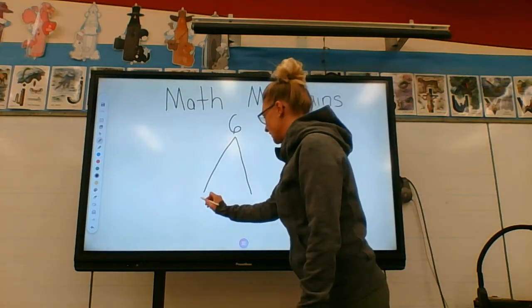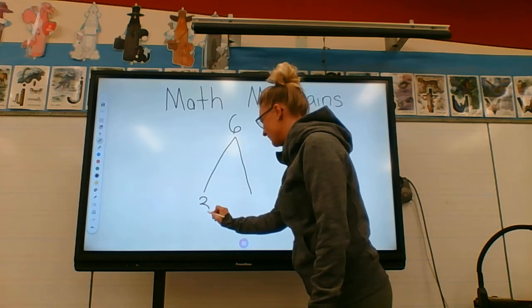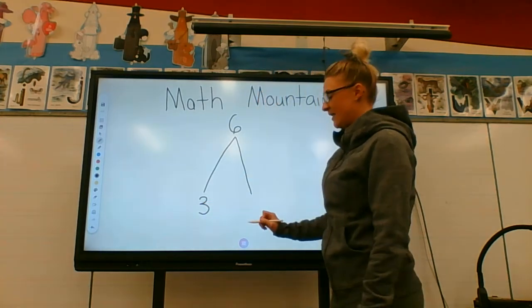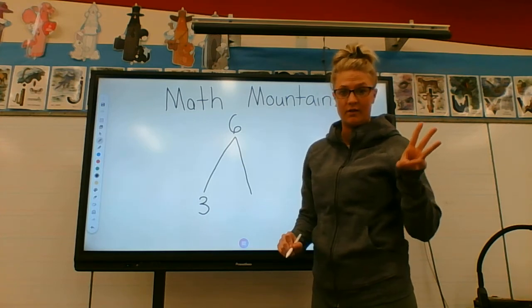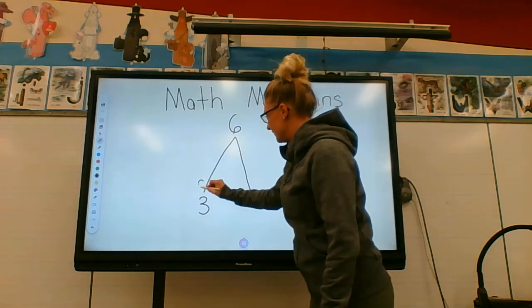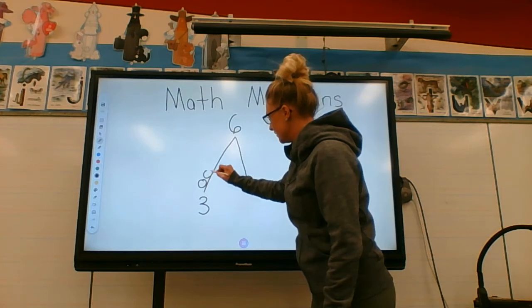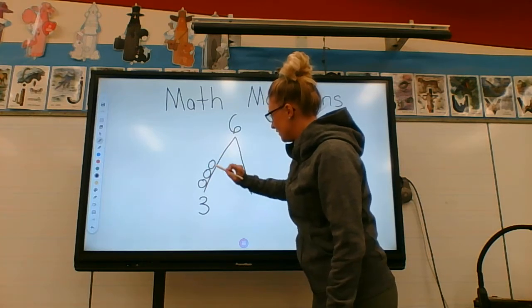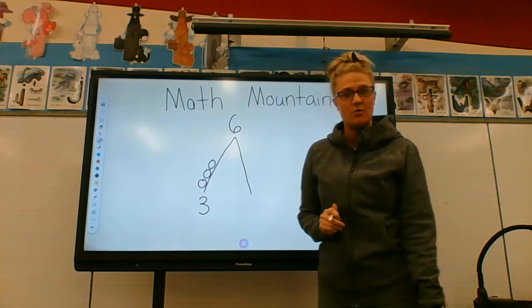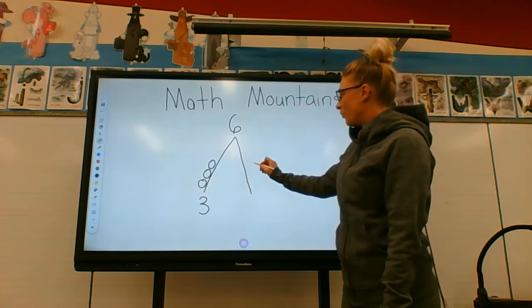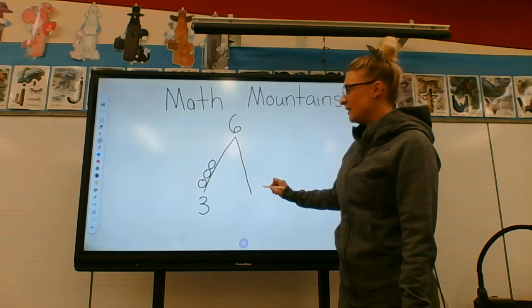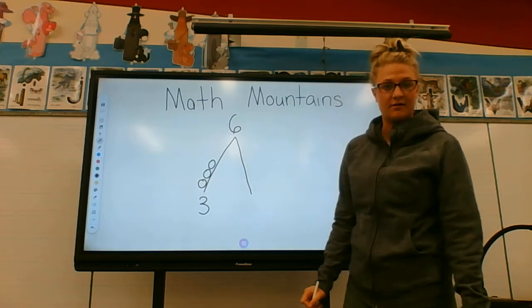They give you the number 3 at the bottom of the math mountain on this side, and then there are 3 circles, or tumblers, you can call them, above the 3. 1, 2, 3. That's what they give you on your worksheet, and it's your job to figure out what number needs to go over here that will be a partner of 6.